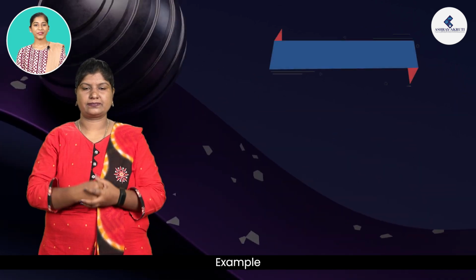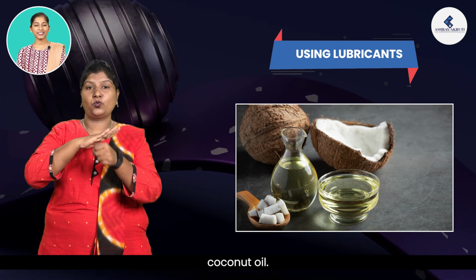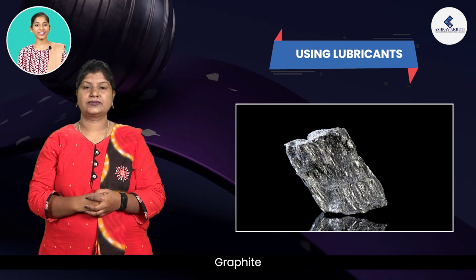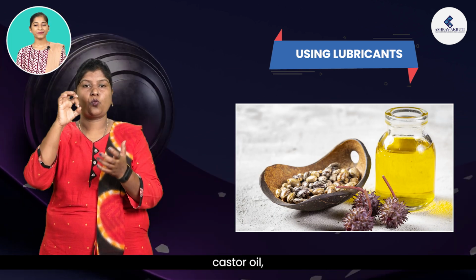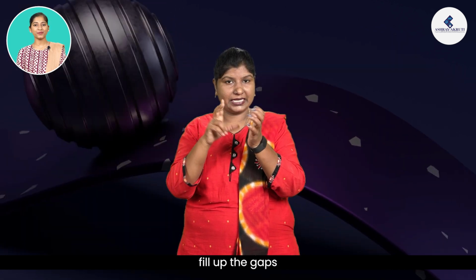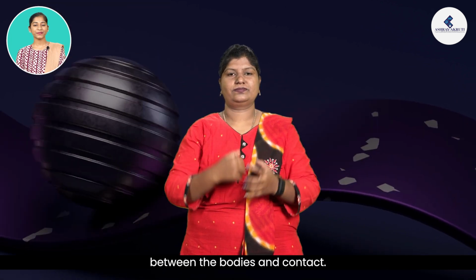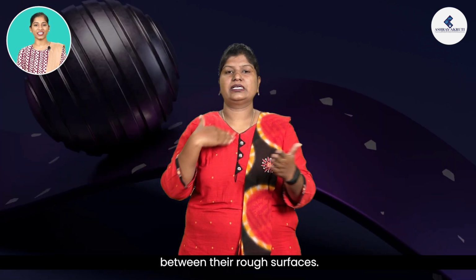Example: grease, coconut oil, graphite, castor oil, etc. The lubricants fill up the gaps in the irregular surfaces between the bodies in contact. This provides a smooth layer, thus preventing a direct contact between their rough surfaces.